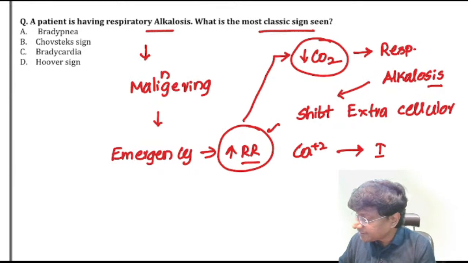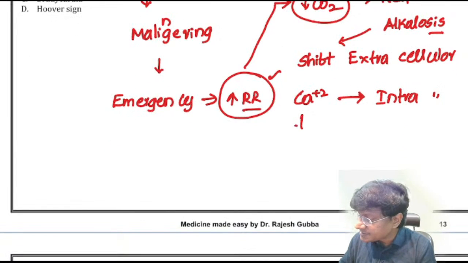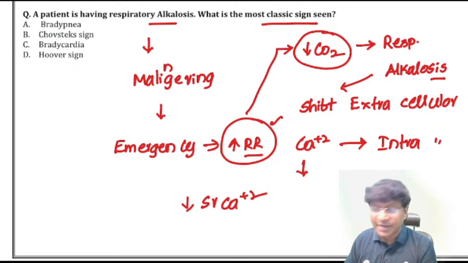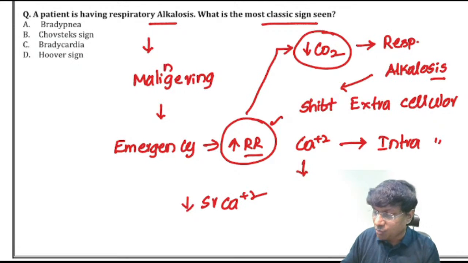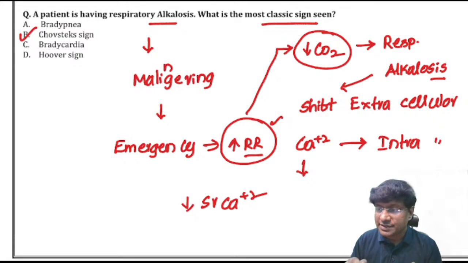So what will happen to your ionic calcium levels? They will be reduced. And once the calcium levels are reduced, what is the sign that you get? That is the Chvostek sign. So the answer to this question is B.